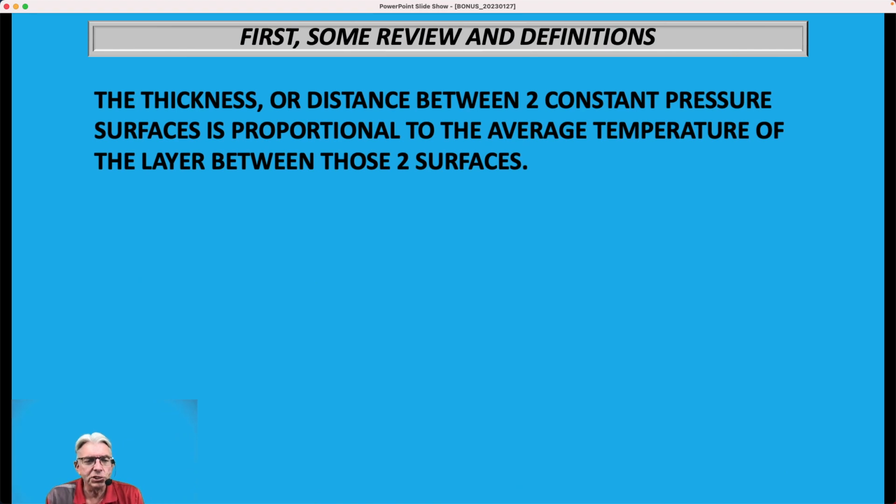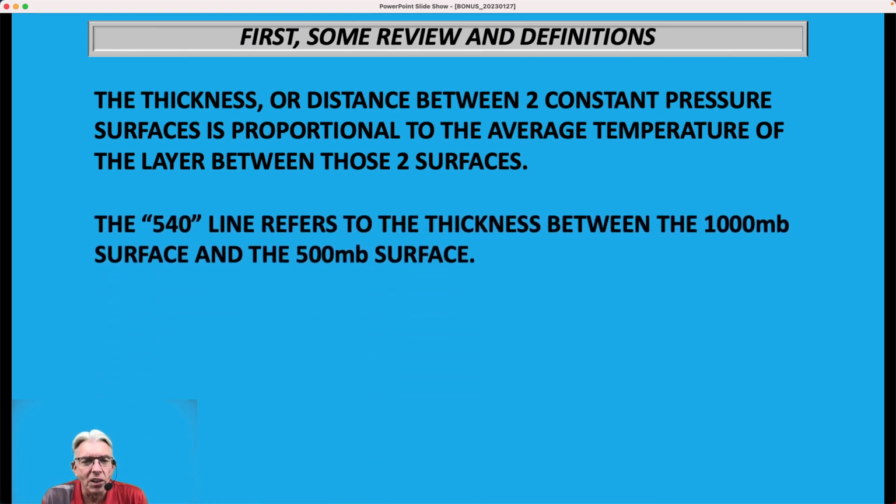So the distance between two constant pressure surfaces is proportional to the average temperature of the layer between them, which sort of makes sense, right? Because you think of cold air as being dense and warm air as being less dense. So if you have two surfaces close together and the distance is short, it's going to be cold air, and if they're farther apart like this, it's going to be warmer air, okay? So it fits intuitively.